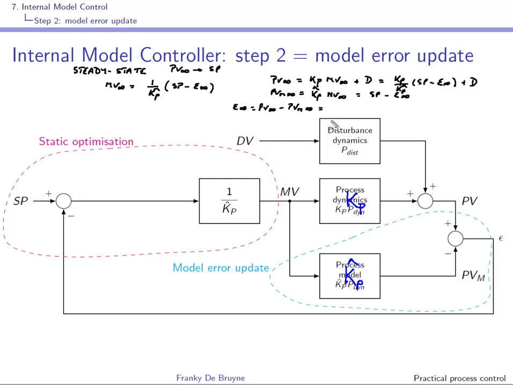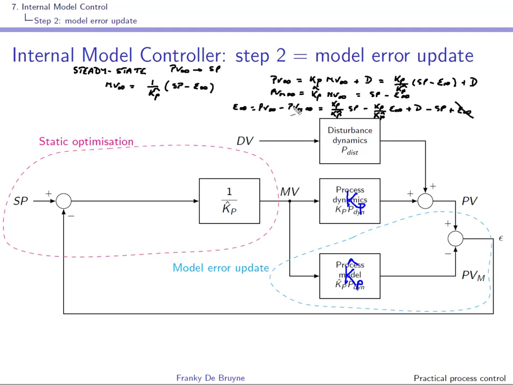So we'll have Kp over Kp hat set point minus Kp over Kp hat model error in steady state plus d, minus the set point minus the error in steady state. No, it's minus minus, so it's a plus over here, right?